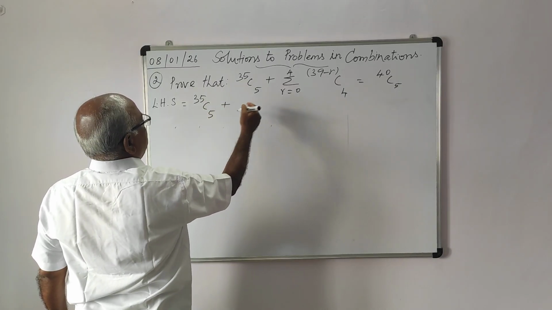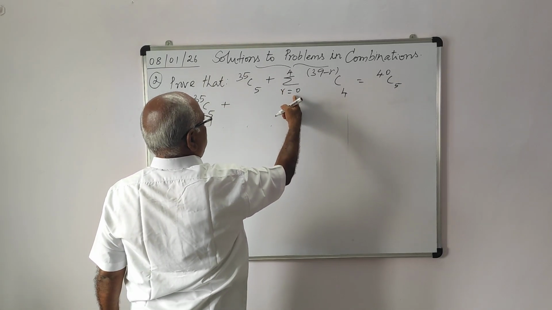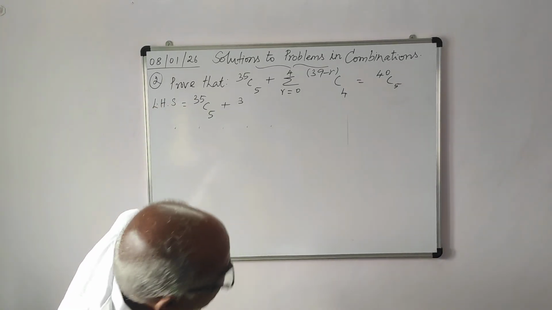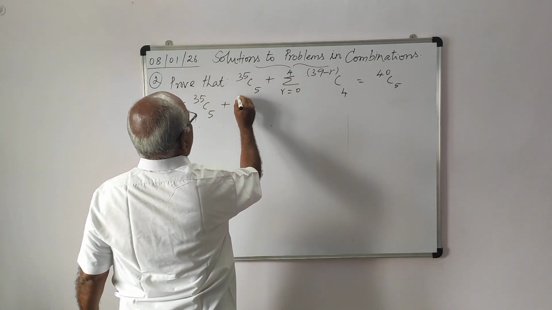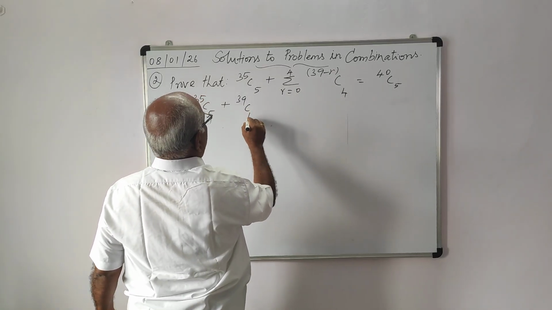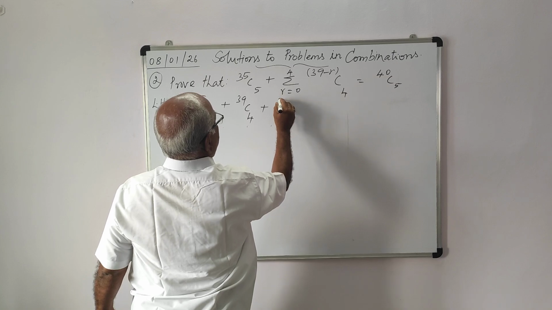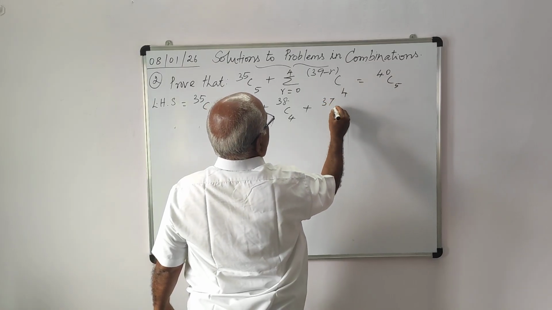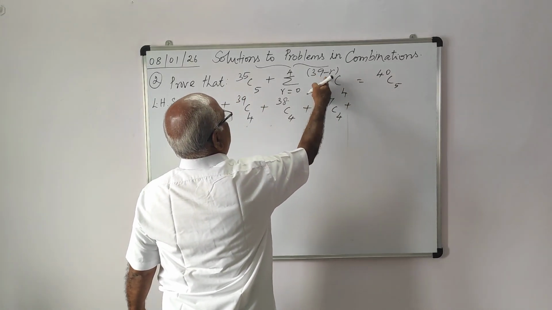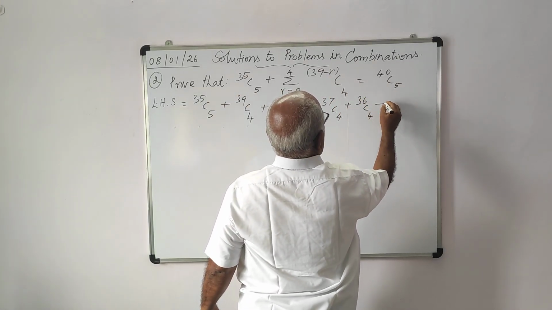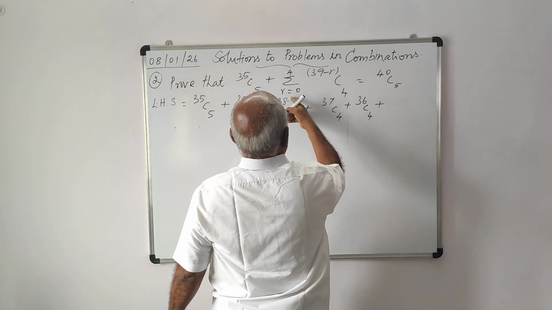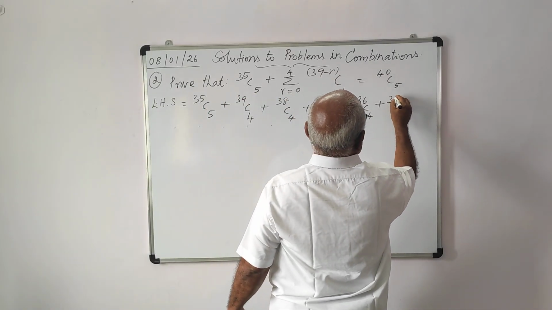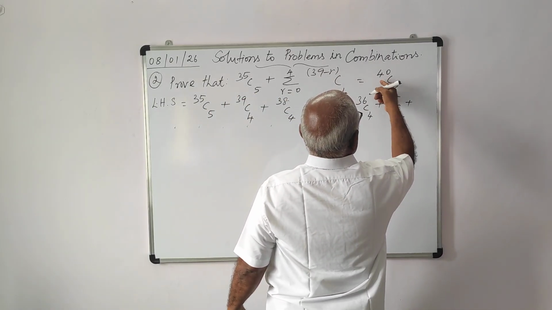35C5 you consider as it is. This is sigma r equal to 0 to 4. First you substitute r equal to 0: 39 minus 0 is 39C4, plus r equal to 1: 39 minus 1 is 38C4, plus r equal to 2: 37C4, plus r equal to 3: 36C4, plus r equal to 4: 39 minus 4 is 35C4.